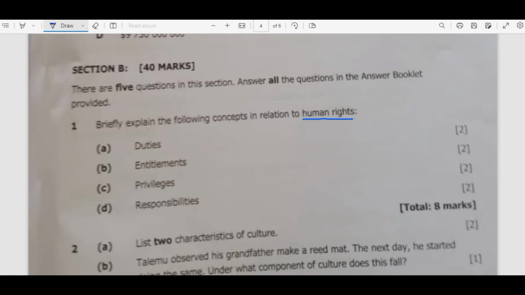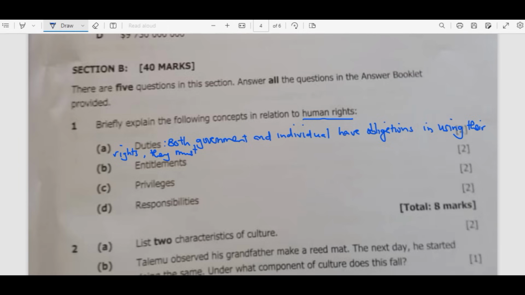So now to write, we can say both government and individual have obligations in using their rights, they must respect rights of others.